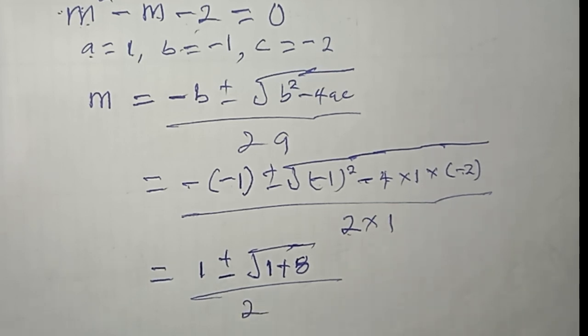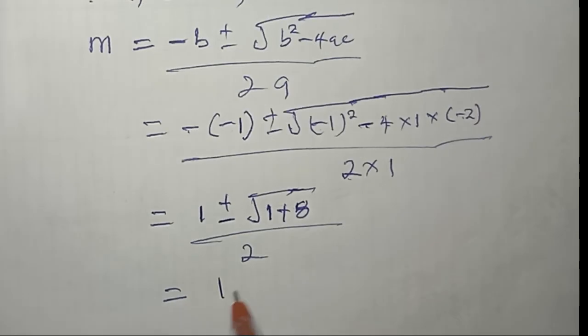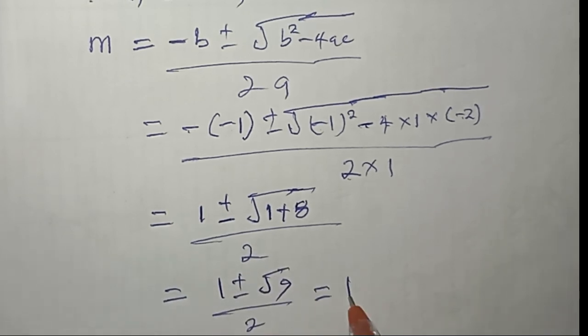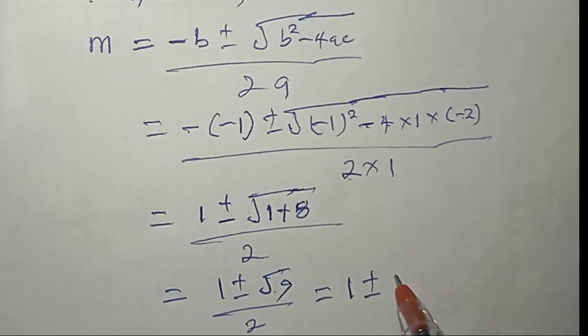So this is actually going to be giving me 1 plus or minus the square root of 9 divided by 2, and this will be equal to 1 plus or minus 3, since the square root of 9 is 3, divided by 2.